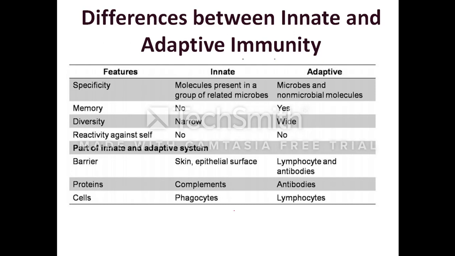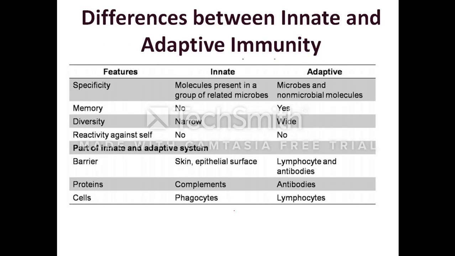Parts of innate and adaptive systems. So, which components act in innate and adaptive immune responses? In the innate immune response, skin and epithelial surfaces act as barriers, whereas the adaptive immune response is mediated by lymphocytes and antibodies.